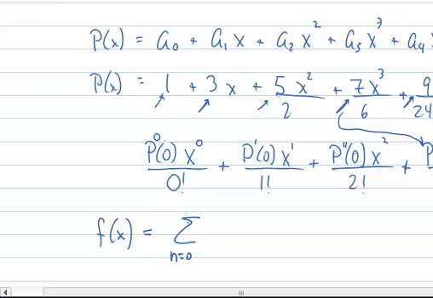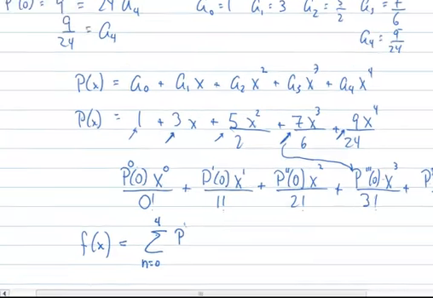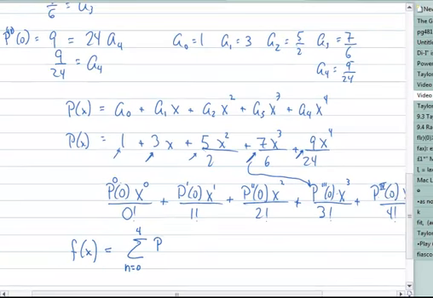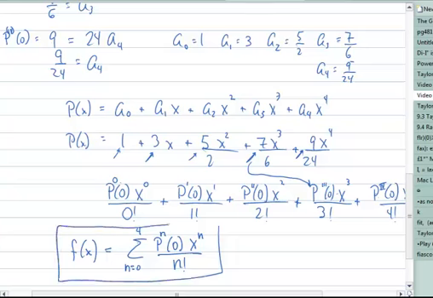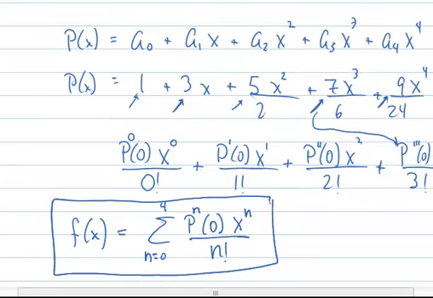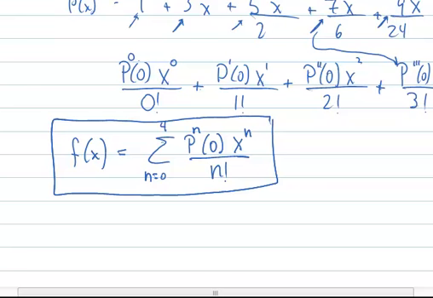But if we start at 0 and go to 4, then we have the nth derivative centered at 0 times x to the nth power over n factorial. And this is the general form for finding a polynomial to match any function.